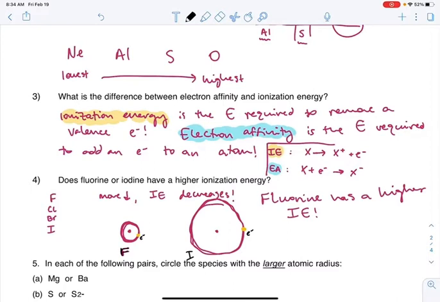So look, in fluorine, the electron is much closer to the nucleus, right? If the electron is closer to the nucleus, that means that they're more attracted to each other. If they're more attracted to each other, it's going to require more energy to remove it, right? More energy to pull this electron out because it's closer to the nucleus.